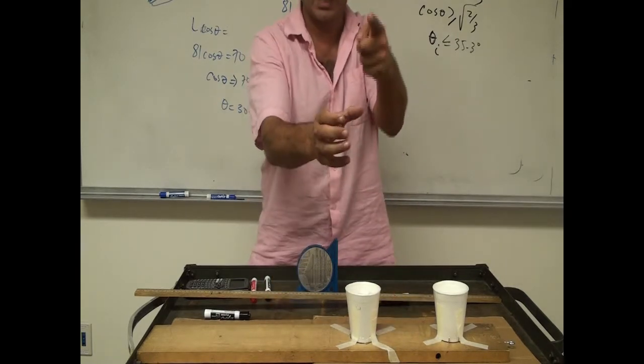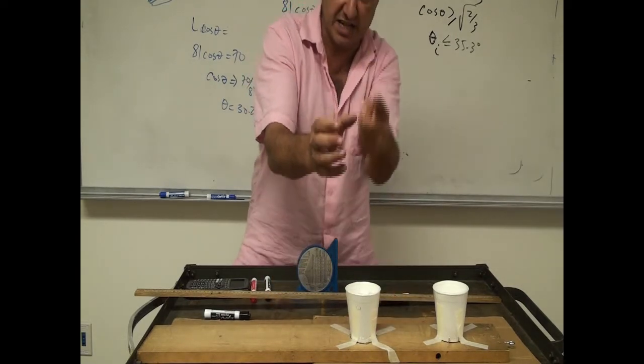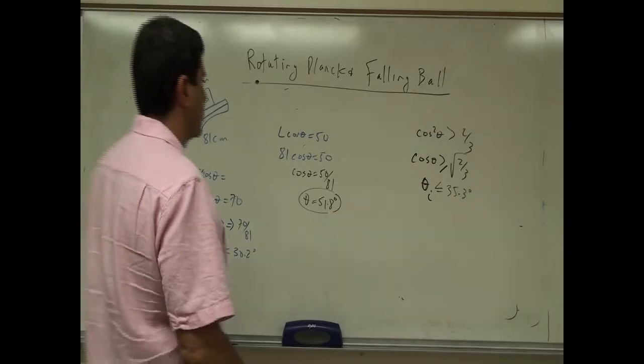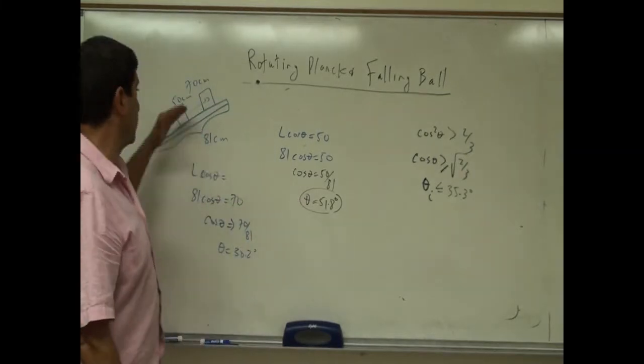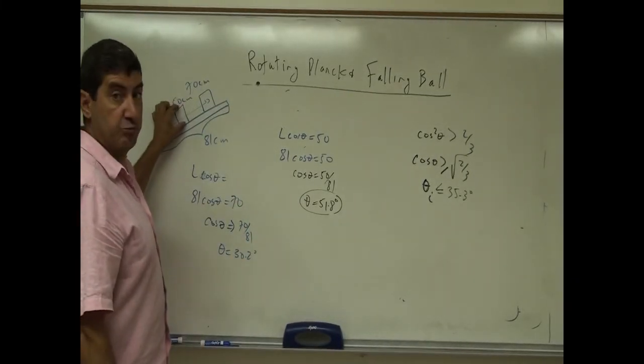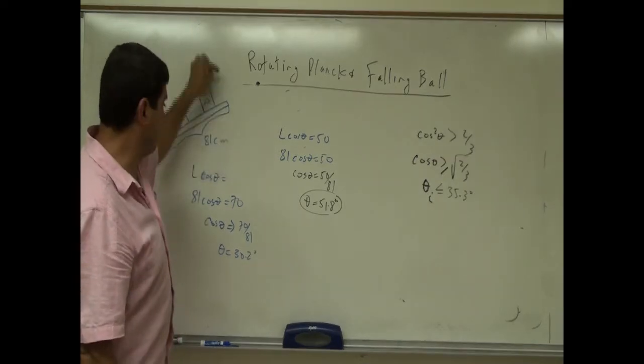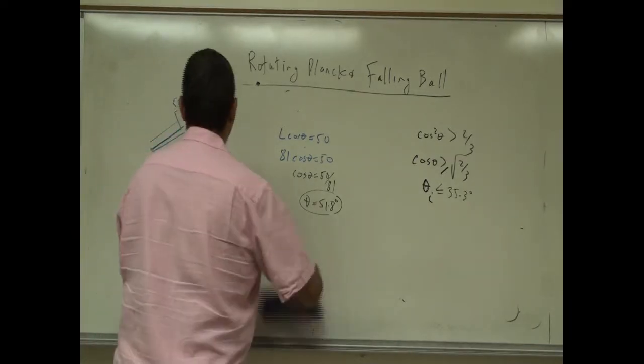Since it accelerates faster than the cup, it hits the bottom. So with 51.8 degrees, even though the location of the cup was correct, and it ended up below the ball, the ball ended up accelerating faster.